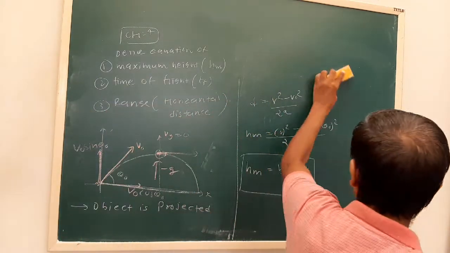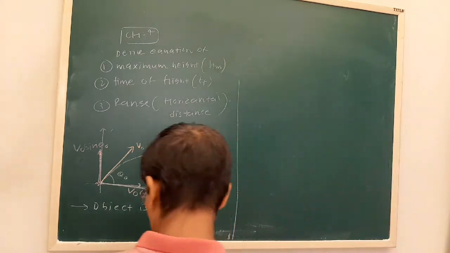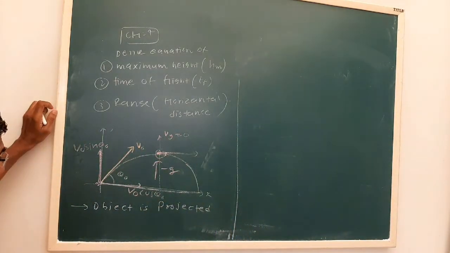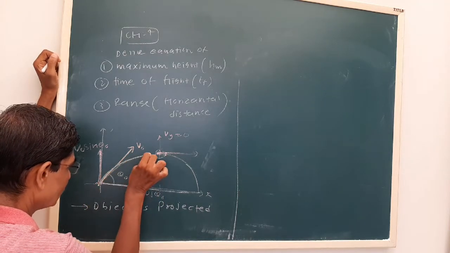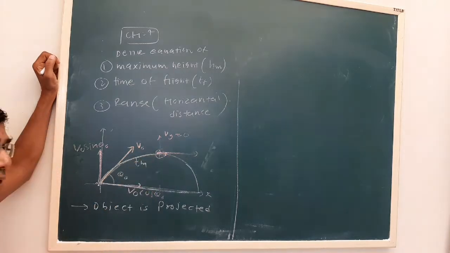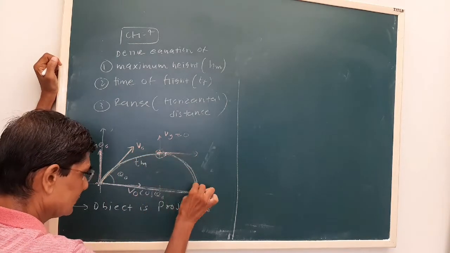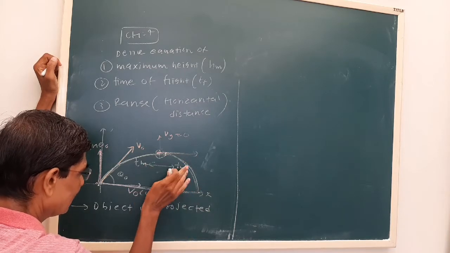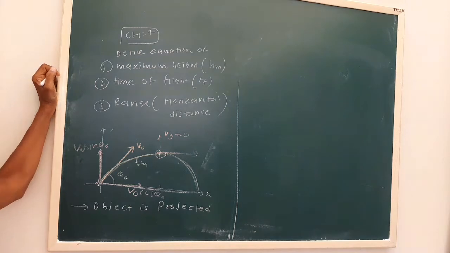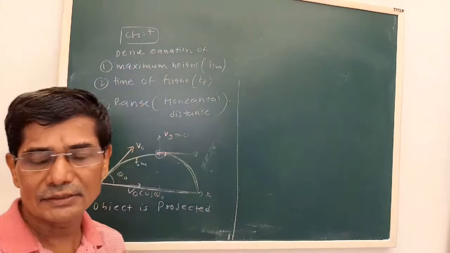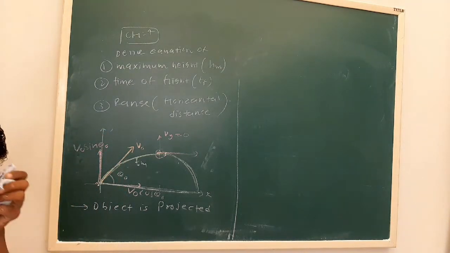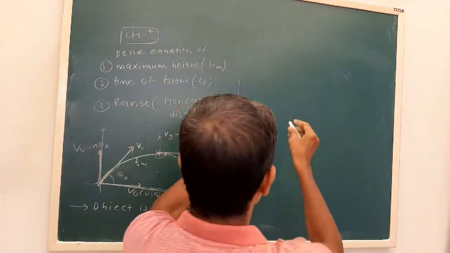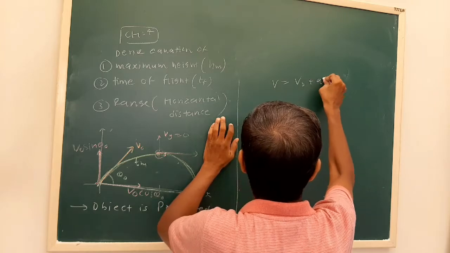Now next we have to obtain the equation of time of flight. Let us say the time taken to reach from the point of projection to maximum height is Tm. The same time it will require to come down, that will also be Tm. So the total time will be double of this. Again, this is a motion with a constant acceleration, the acceleration value is minus g, because it moves against gravitation. Our equation v is equal to v0 plus a t.